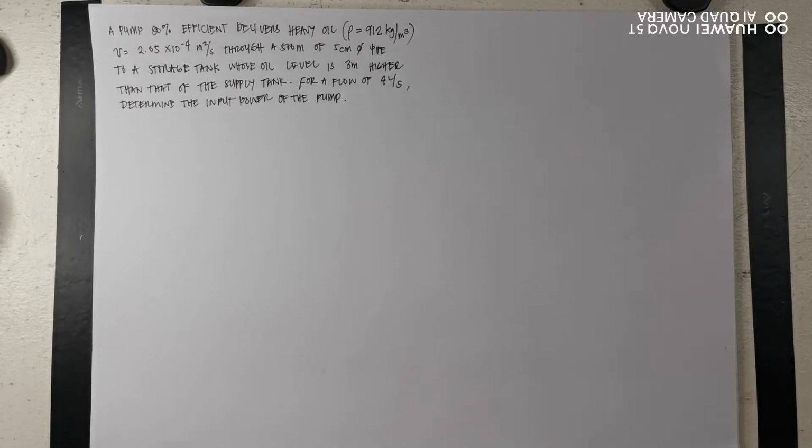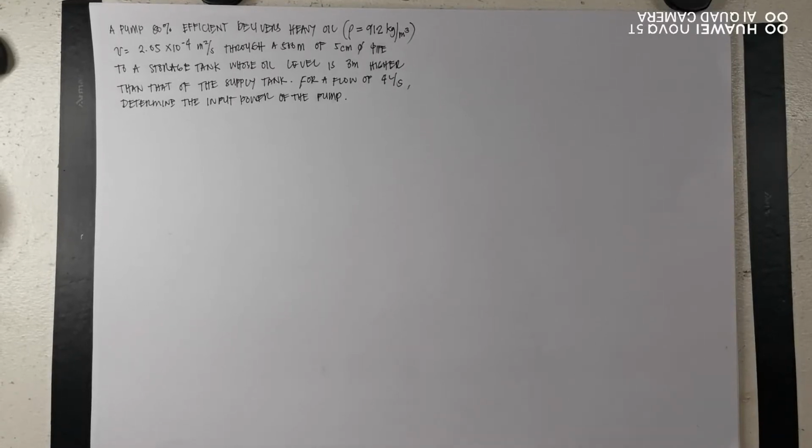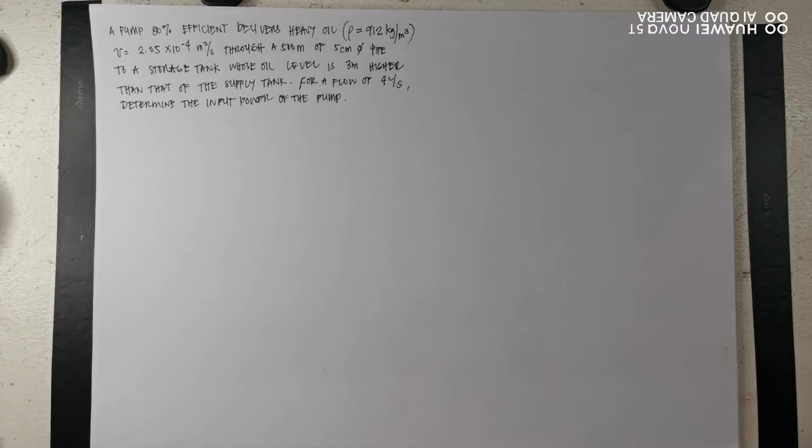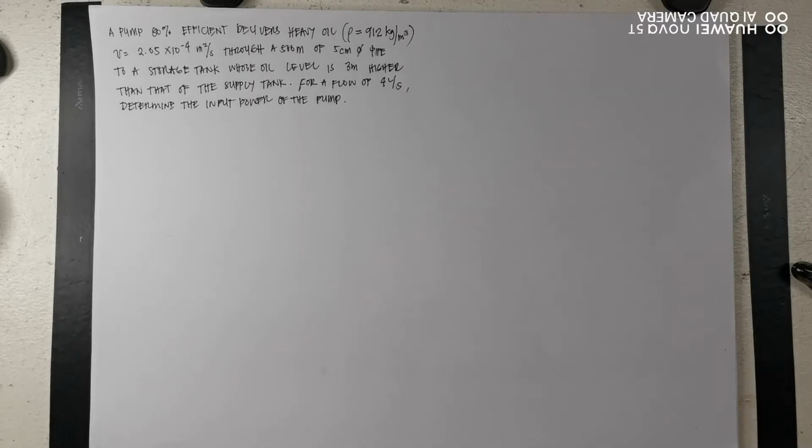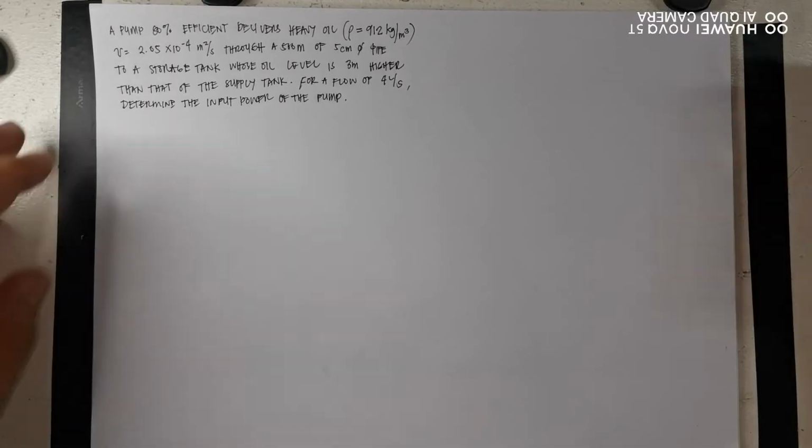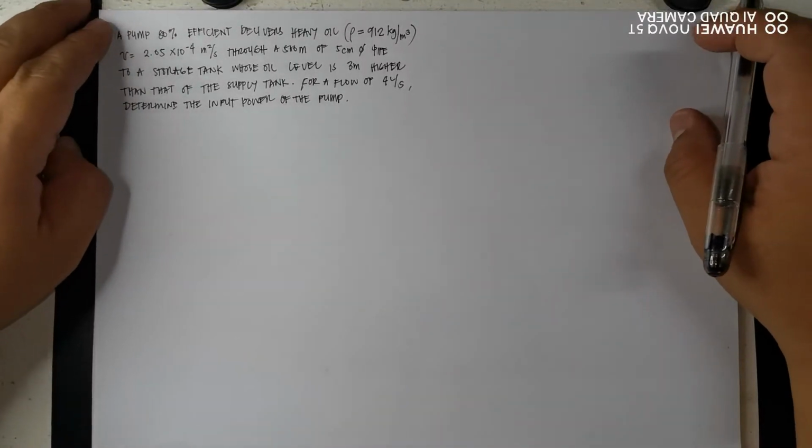Okay, today we will be trying to solve this sample problem involving head losses due to friction. Probably mayroon din tayong masosolve regarding sa paggamit ng Reynolds number, whether identifying if it is laminar or turbulent flow, then applying the appropriate solution to solve for the head losses.